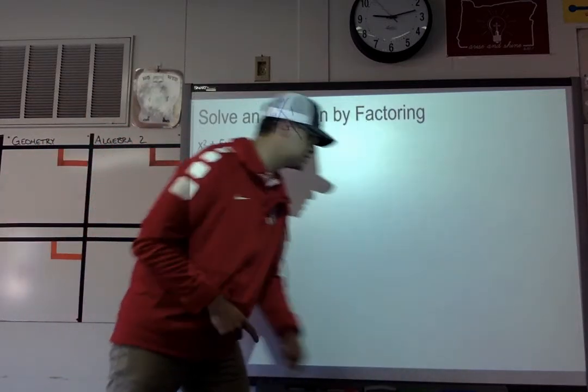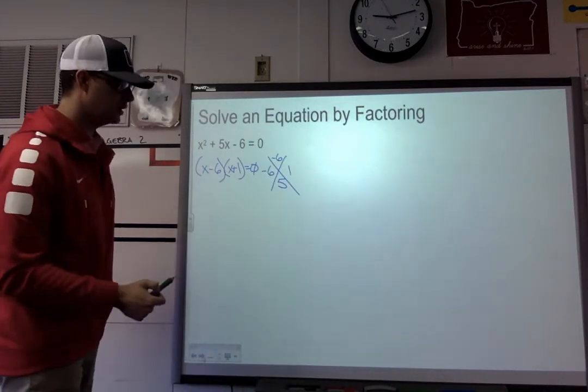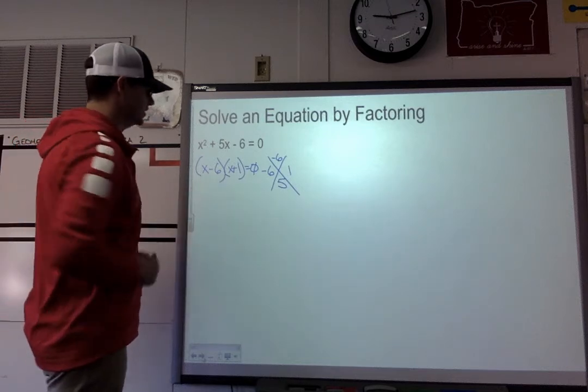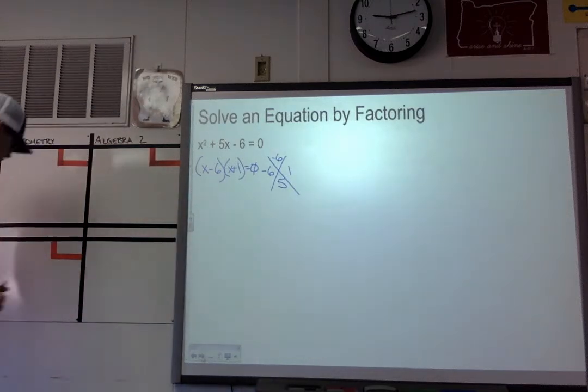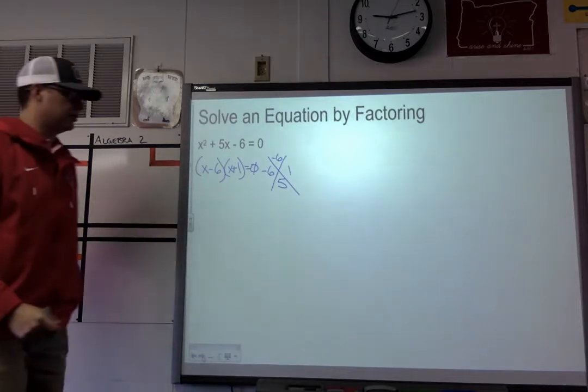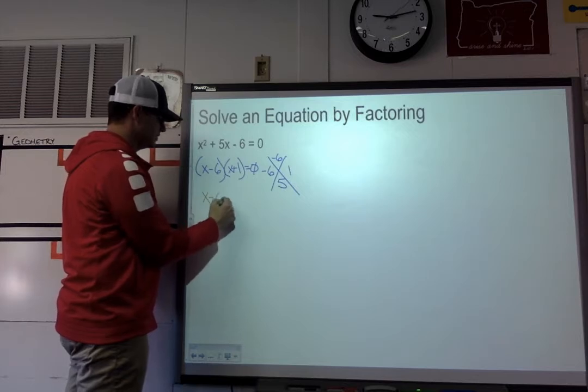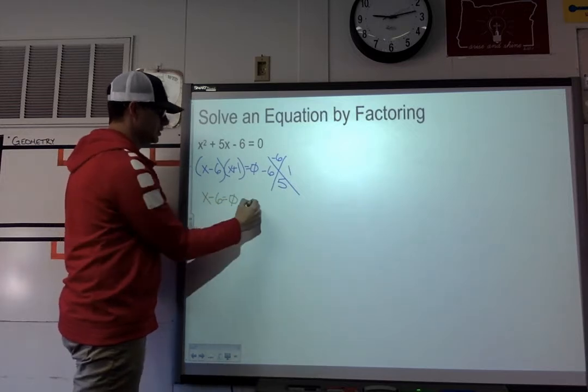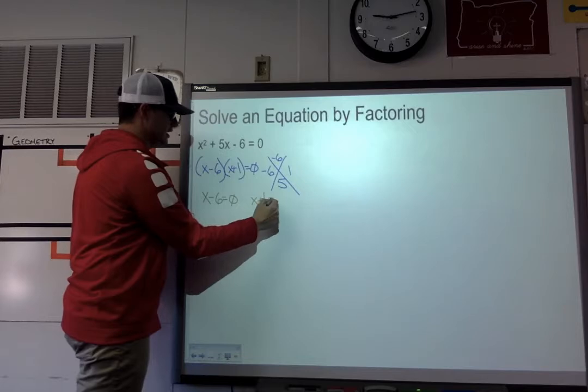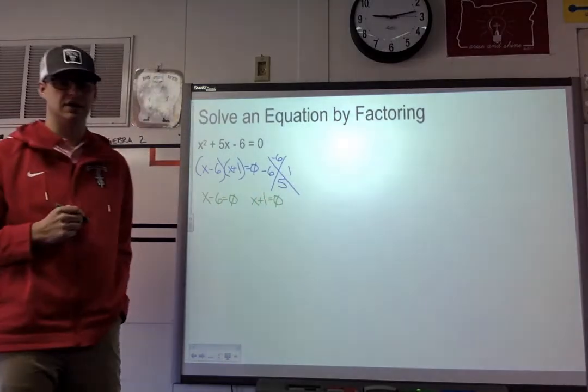Now to come up with our solutions, since x minus 6 times x plus 1 equals 0, we can take x minus 6 and set it equal to 0, and take x plus 1 and set it equal to 0.